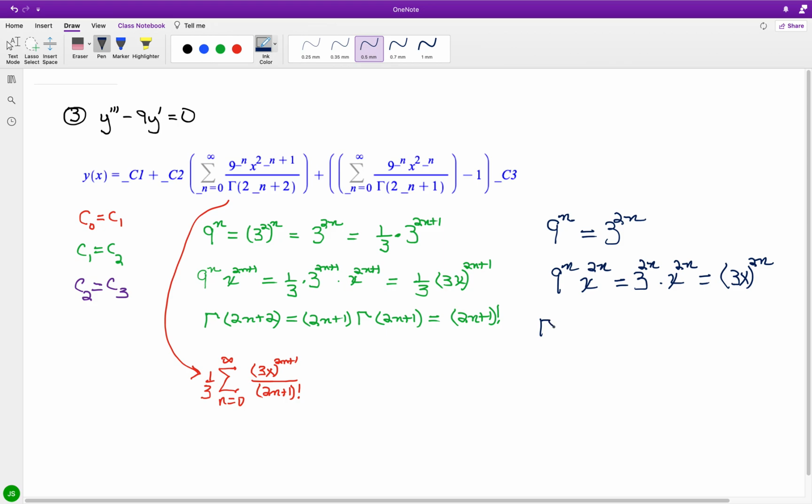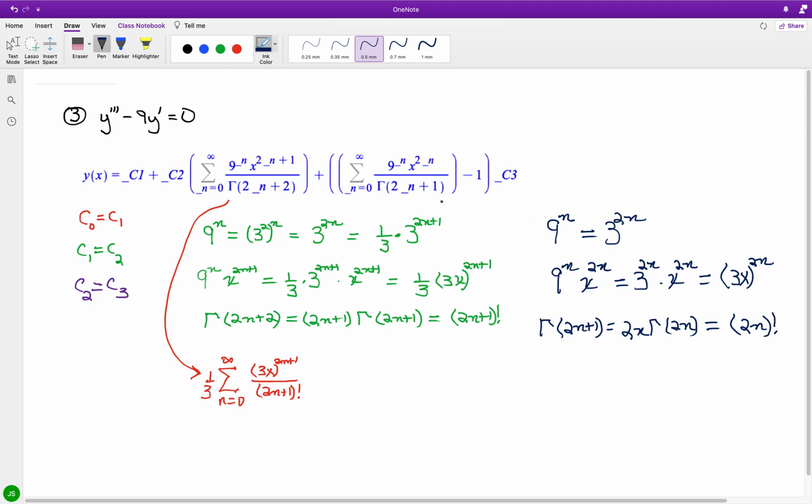And for the gamma of 2n plus 1, again, you would have 2n times the gamma of 2n, or succinctly, if I roll back by 1, you'll be taking the factorial of this. So gamma of 2n plus 1 is going to be the factorial of 2n plus 1 minus 1. So this will go to 2n factorial.